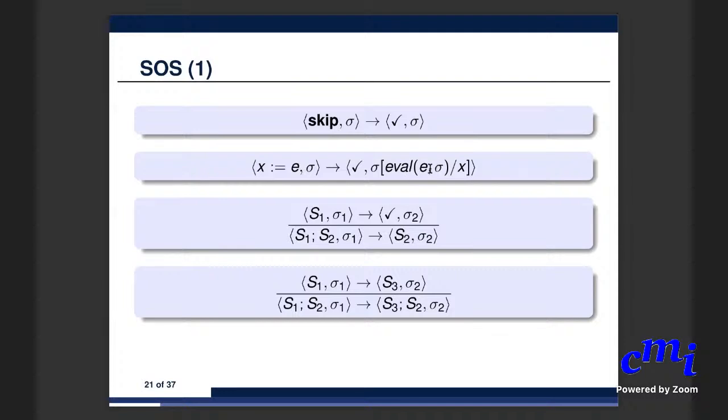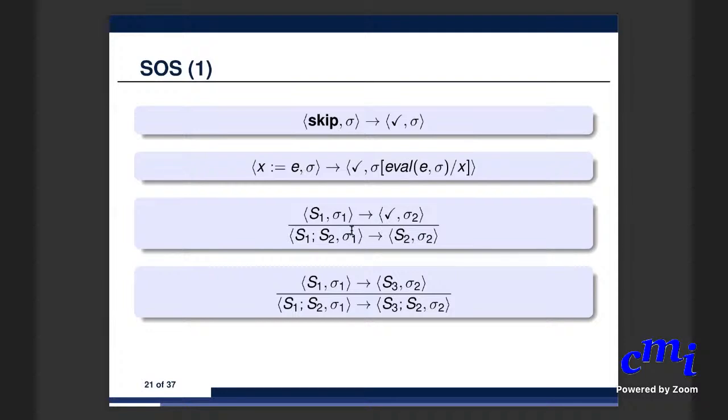If it is not defined, as we will see, it may get stuck, because in the eventuality that certain parts are not captured, that's why we have this notion of getting stuck. But for now, let's assume that eval is defined in a complete fashion.